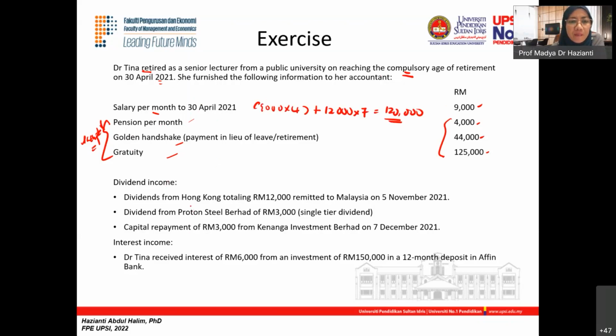What do you think? Dividend tadi keyword dia apa? Single tier. Single tier and then exempted. Yes, exempted. Oh, banyak-banyak saya bagi ni semua exempted. What about interest income? Interest dia sekarang dia dapat dari apa ni? Simpan duit kan, deposit dekat bank. So interest dia 6,000.